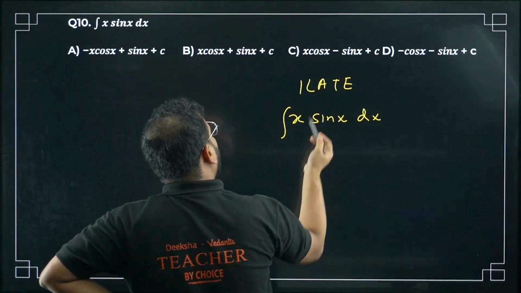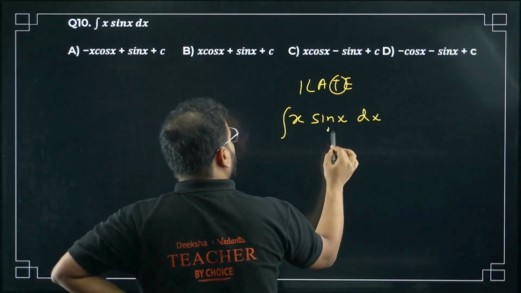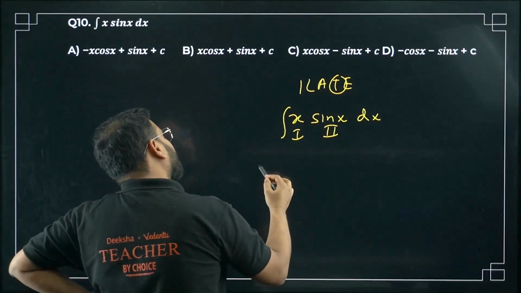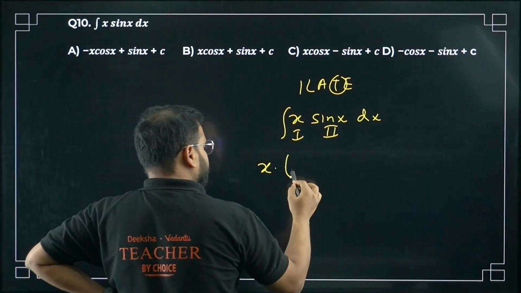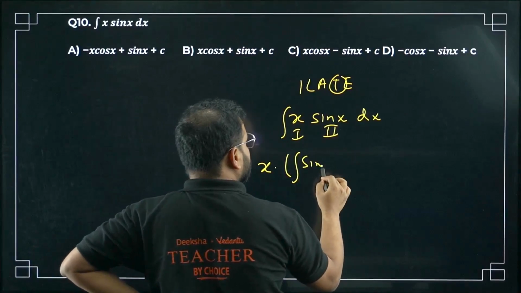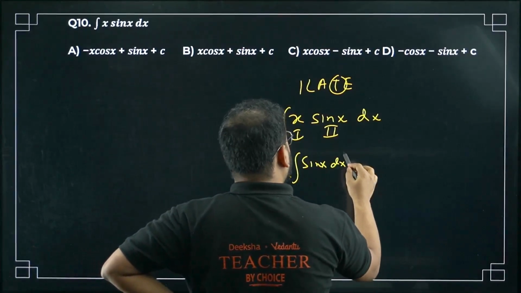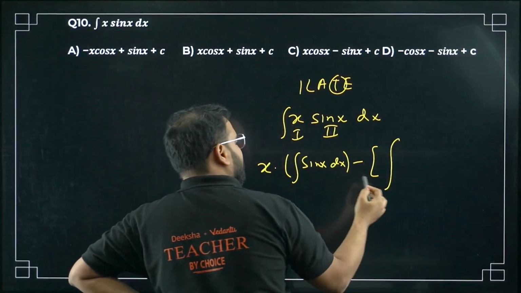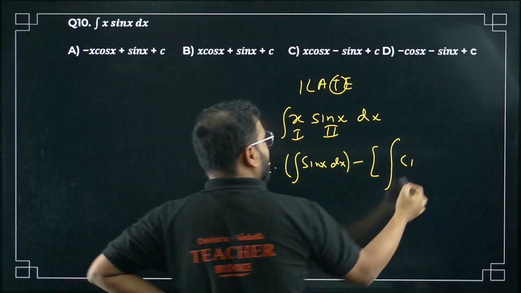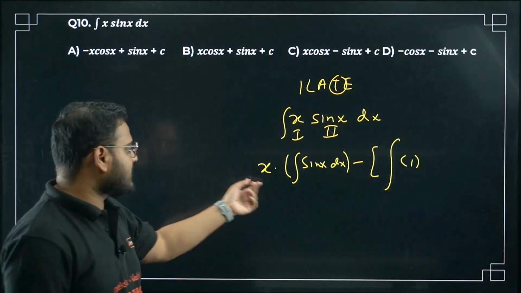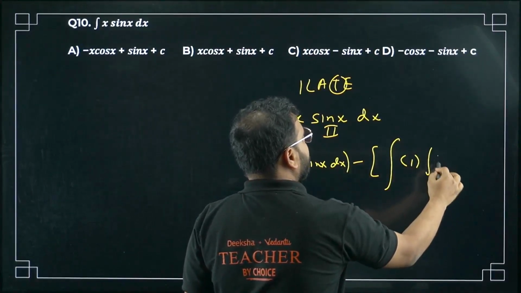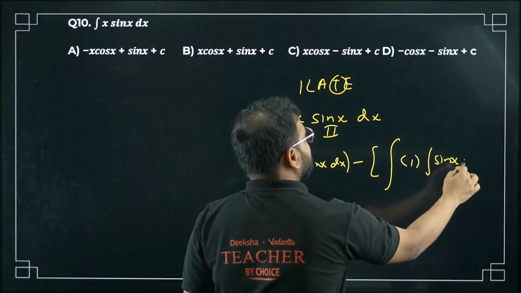Check this out. Trigonometry comes second, so it is part 2, and x is function number 1. Formula is keep 1 as it is, integrate this one, integrate sin x dx. Okay, this is done. Minus integrate, by differentiating the first function x, you're gonna get 1. Then again integrate sin x dx.